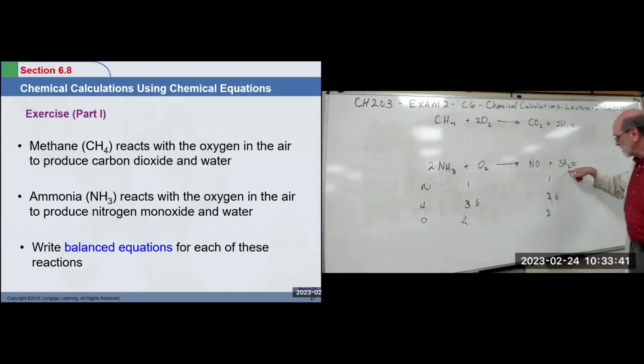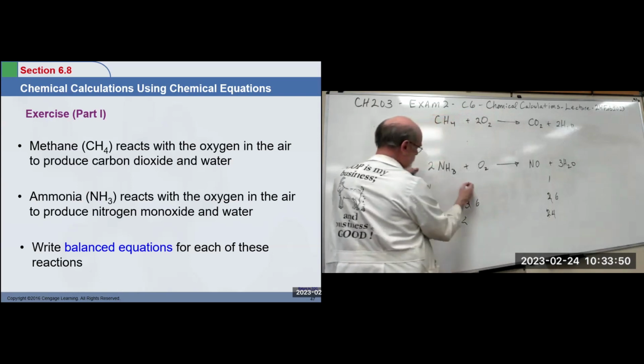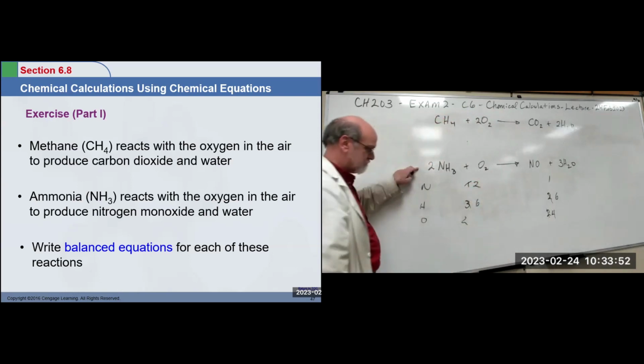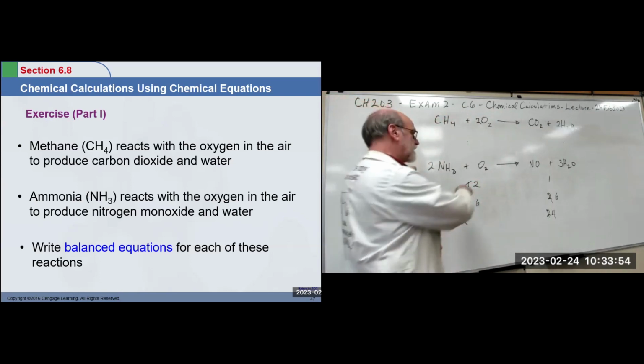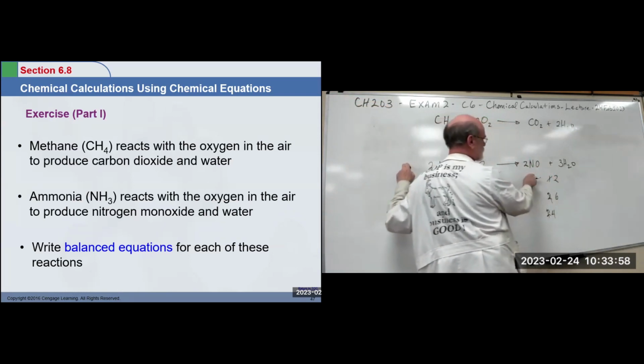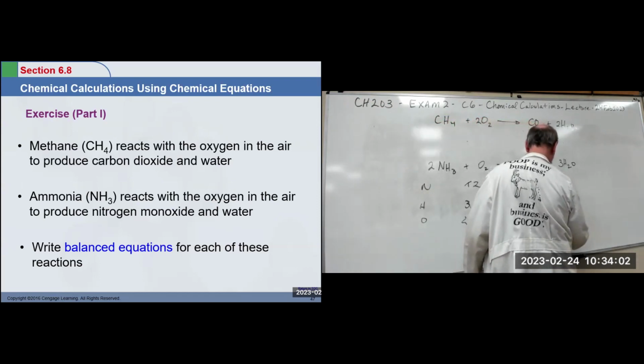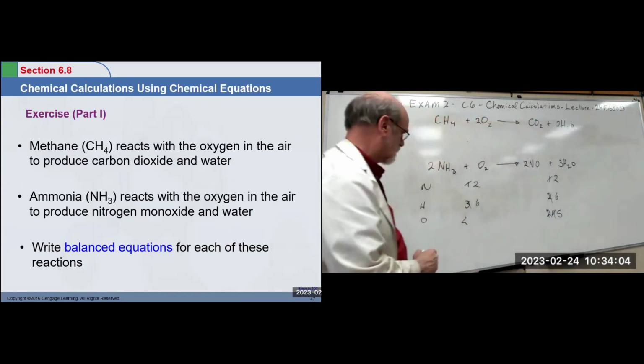But over here, we also changed the number of oxygens. 3 plus 1 is 4. And on this side, we changed the number of nitrogens. Okay. So now we need 2 nitrogens here. But that changed oxygens again. Right? 2 plus 3 is 5.